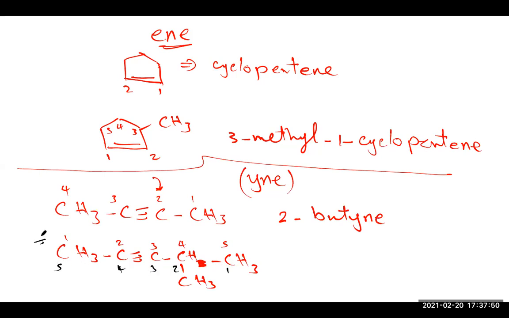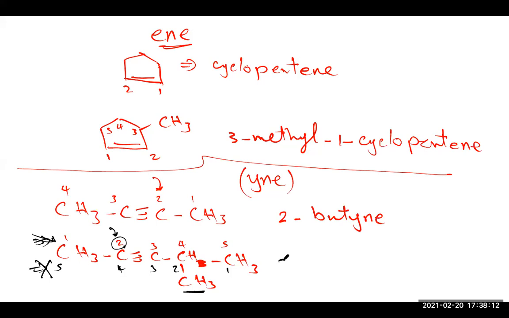So which one is right, which one is wrong? With the black or red? Okay, from right or from left. Okay, so we mainly care about the triple bond. So the triple bond should take the lowest number. So we will need to number from the left, even if the substituent would take a lower number. So I don't care about the substituent. My priority here is the triple bond. So we will number from the left, not from the right.